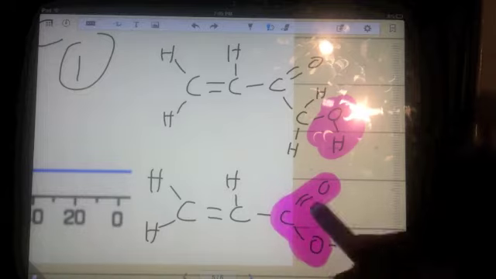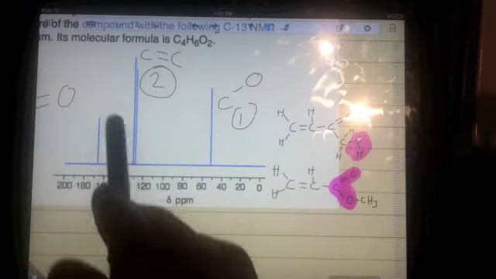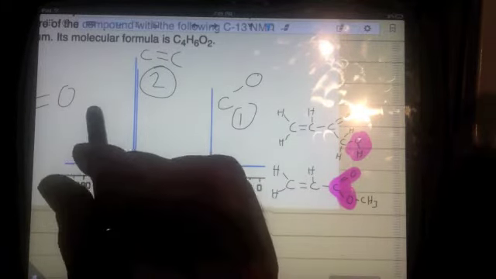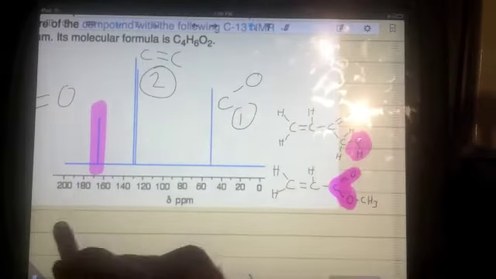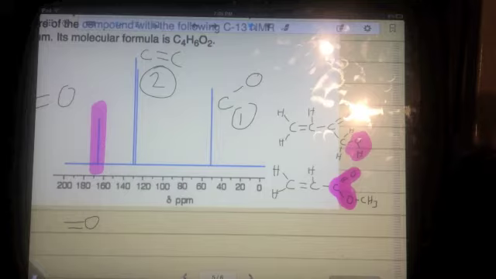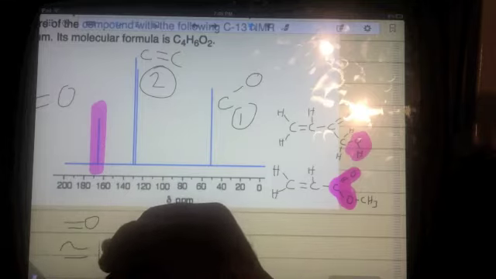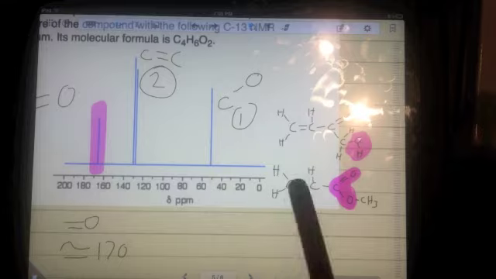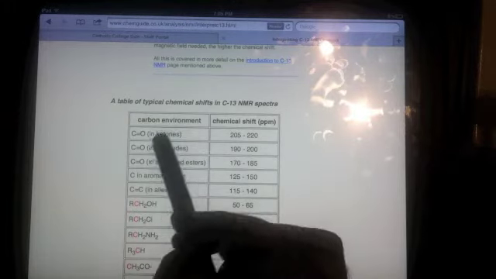And looking back at where these are, this carbon here double bonded to O is at about 170-ish, a little bit less than 170. And if I go back to my table here, what we get is a breakdown of where these double bonds can happen.